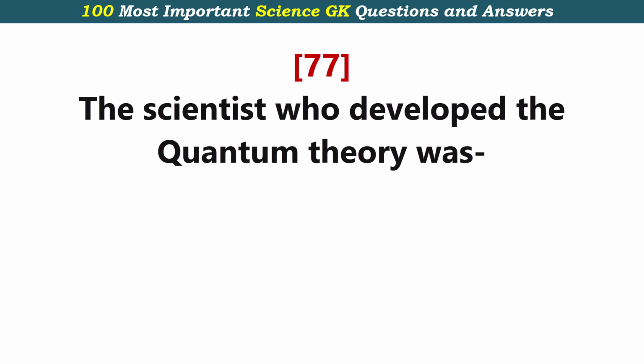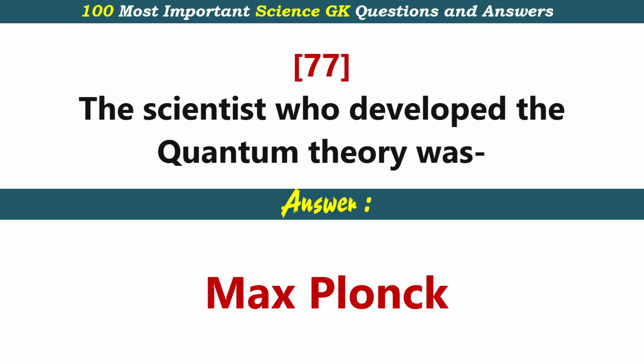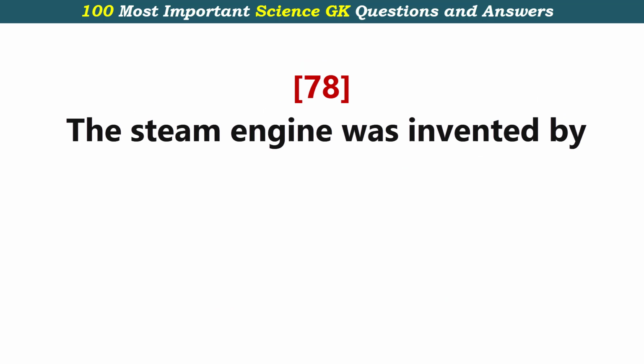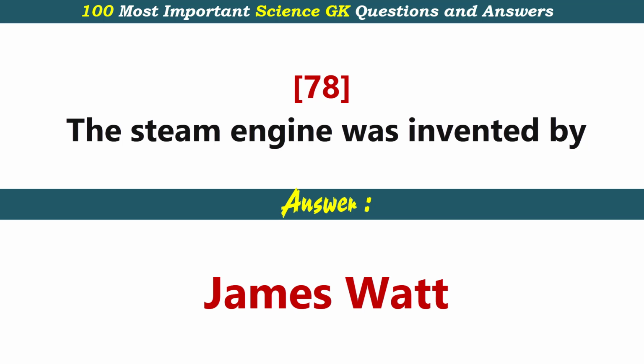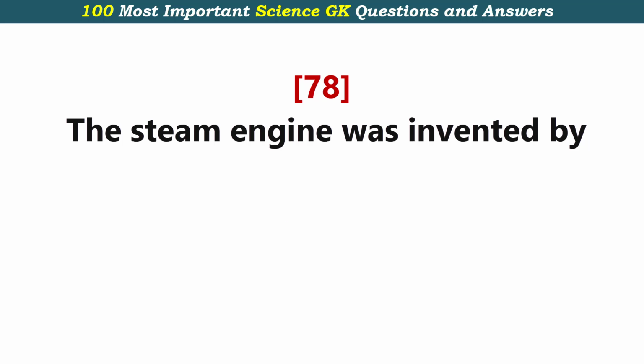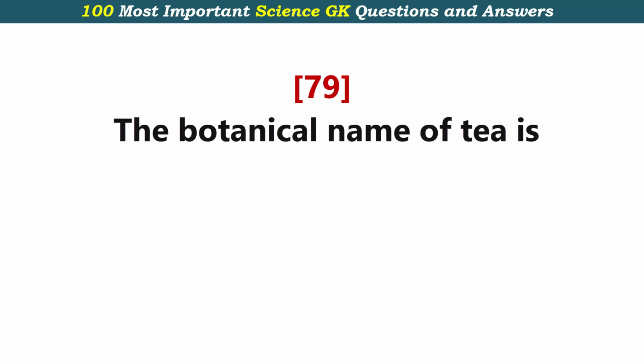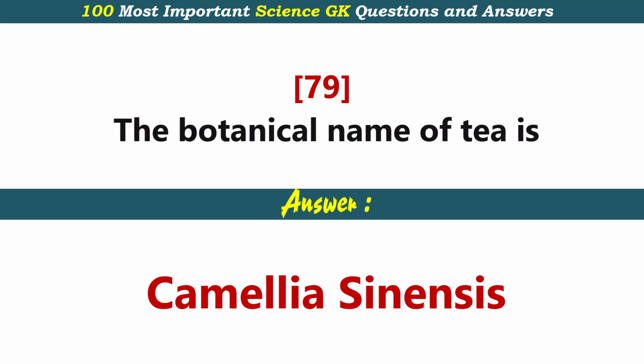The scientist who developed the quantum theory was? Answer: Max Planck. The steam engine was invented by? Answer: James Watt. The botanical name of tea is? Answer: Camellia sinensis.